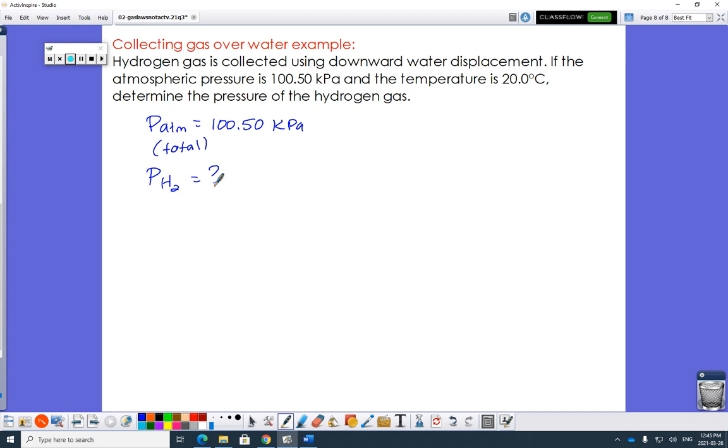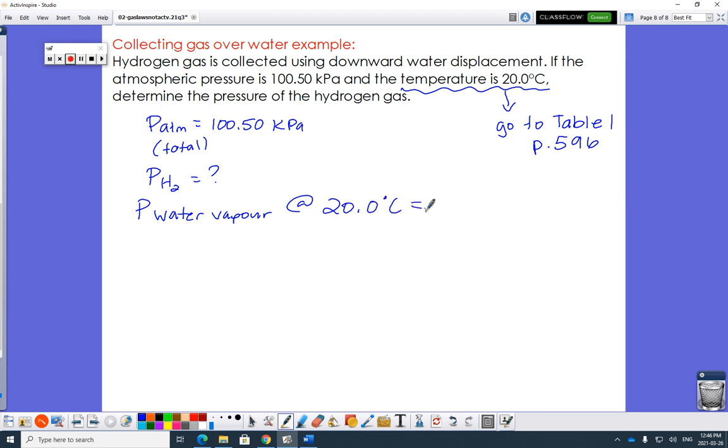Okay, so it tells you the temperature. So you have to go to table 1 on page 596 to find the water vapor at 20 degrees Celsius, which is 2.34.